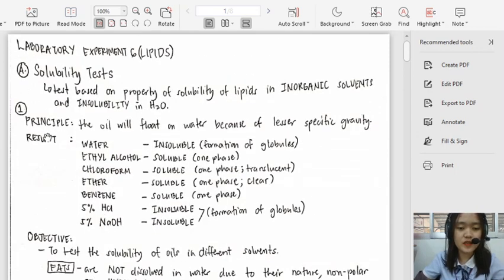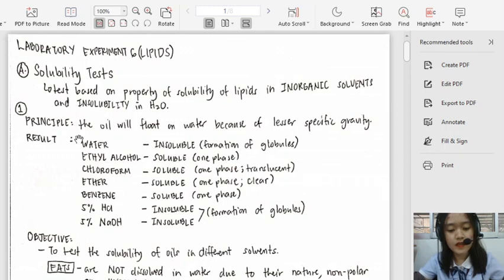Okay, so the principle ng ginawa sa una is you slowly drop 1 to 2 drops of cottonseed oil in each vial and shake thoroughly. Record the time required for the oil to dissolve. So, ang titingnan ninyo sa subtest 1, dito sa solubility test, is whether your cottonseed oil is soluble in the given reagents.